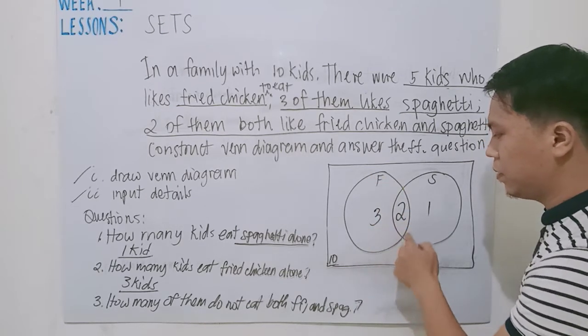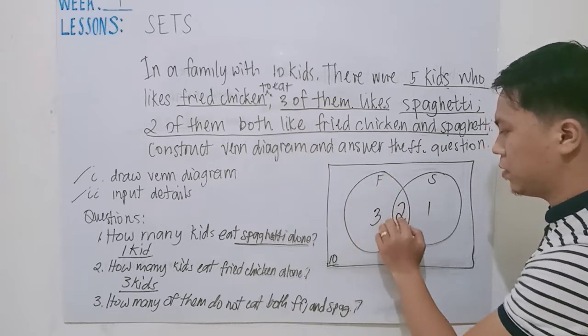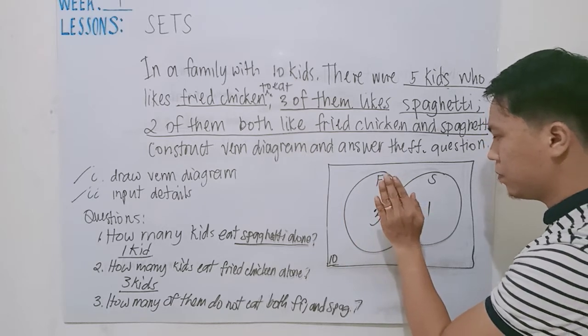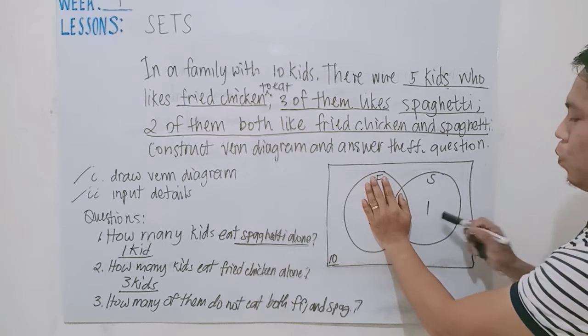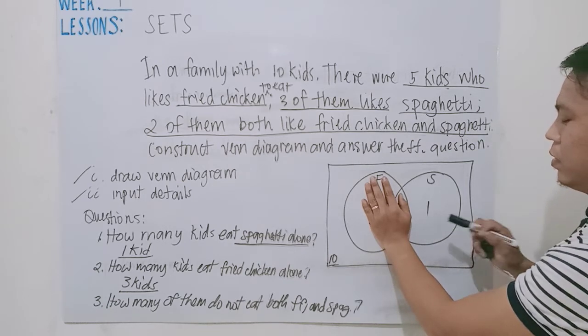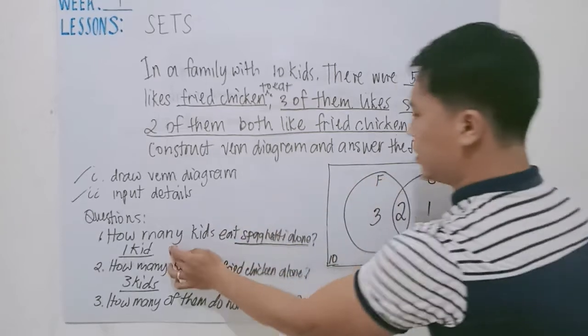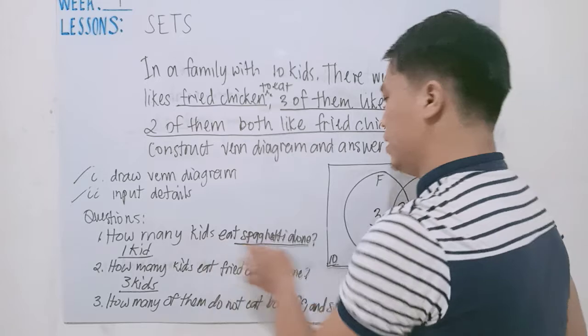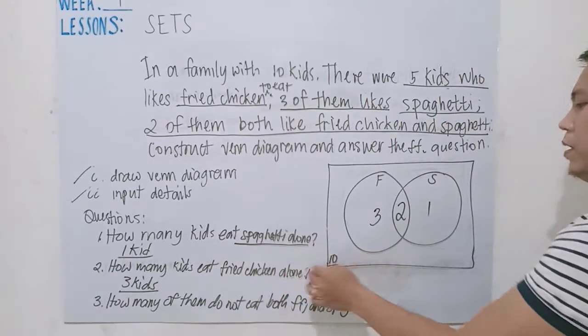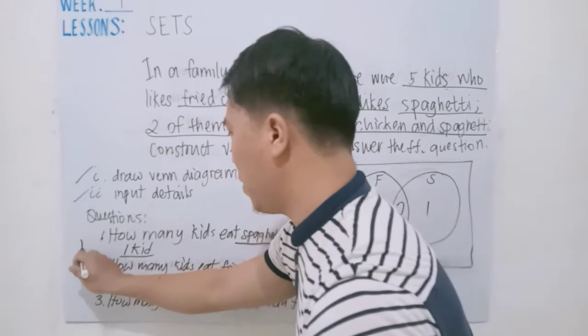Since this is the part of the fried chicken circle, we're going to blank that out. And what you see is 1. There is only one kid who eats spaghetti only, or spaghetti alone. So we answer the question.